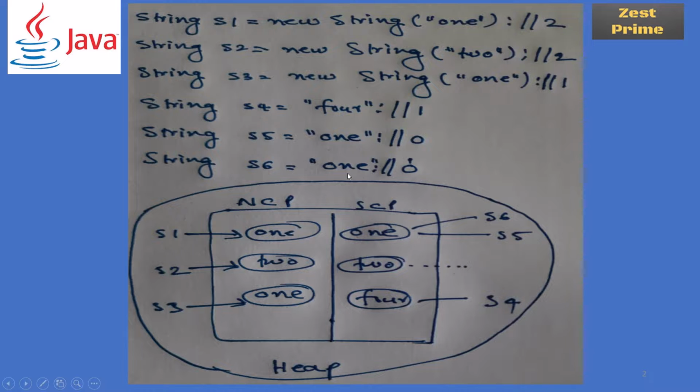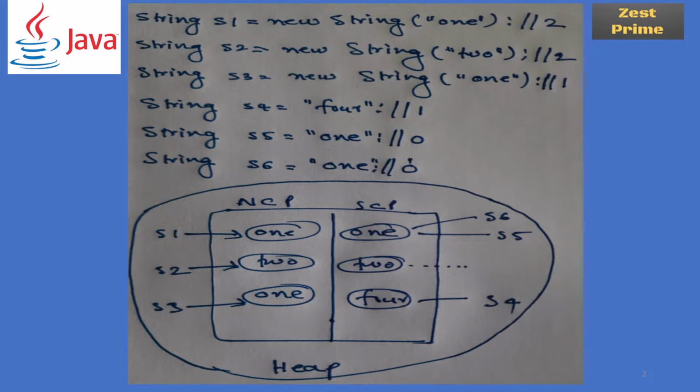And s6, finally the last one: "1" is already present in the string constant pool, and it won't create any new object, so the count is 0, and s6 will point to the same existing one. Overall, if you see here, s5 and s6 are using the same object. Here we are looking at memory object usage, and we are saving memory, but the content is still available for usage.